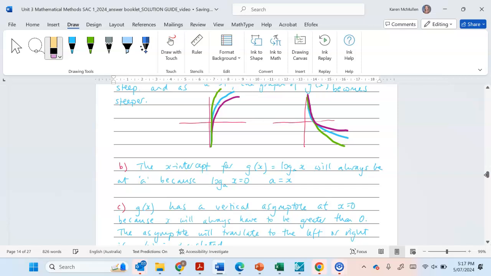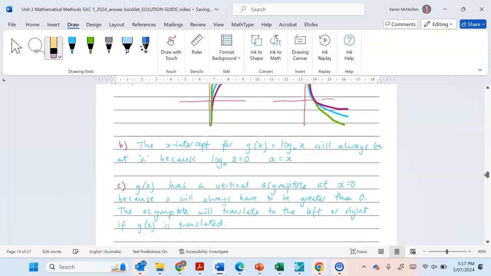So for our log, we have a vertical asymptote at x equals 0. And that's because x can never equal 0, because what we have here is a to the power of what is equal to 0.